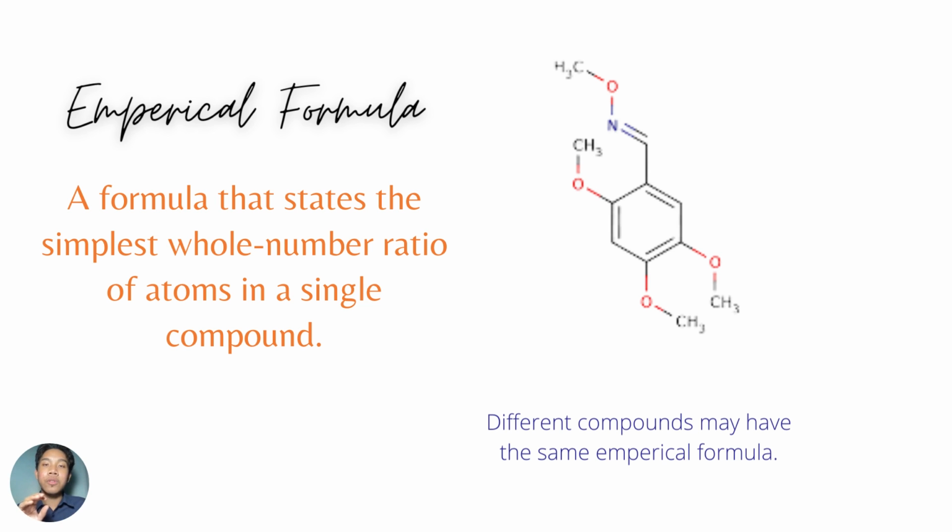Simplest whole number ratio of atoms in a single compound. Highlight those words. You should understand those words, and if you can grab the true definition of those words, you should have no problem with the concept of empirical formula.